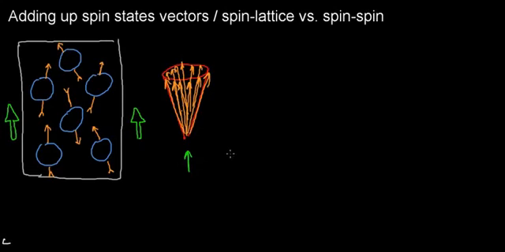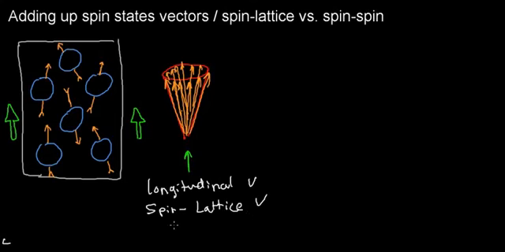And this vector is commonly referred to, and I'm going to write down all the different terminologies, as the longitudinal vector, or the spin lattice vector, or it's commonly referred to also as T1, whereas T1 refers to the time that is associated with the relaxation of this vector.